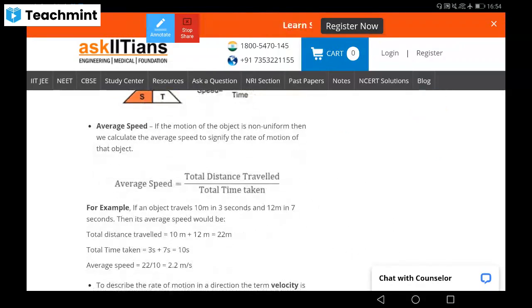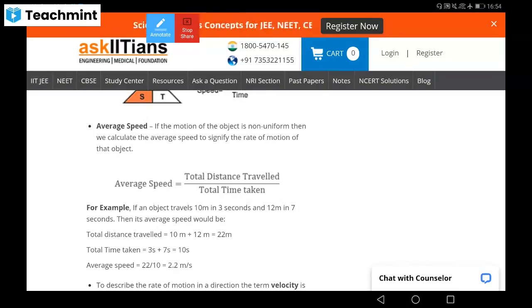Next, what is average speed? If the motion of an object is non-uniform, then we calculate the average speed to signify the rate of motion of an object. Now, if a vehicle is not going at the same speed, it has different speeds, 50, 60, 70, 40, 30, 20, something like that, so we find the average speed for that.